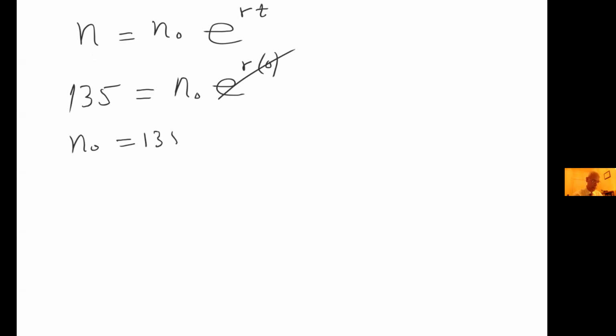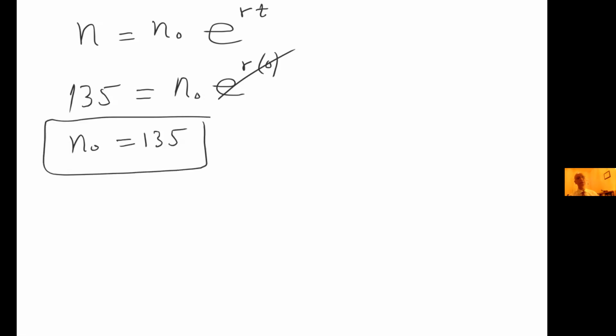Okay, so we know that currently when t is 0, we have 135. So that equals N initial e to the power of rate times 0. Of course, this is a 1, so N initial equals 135.